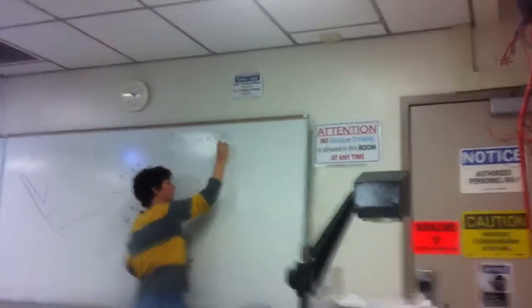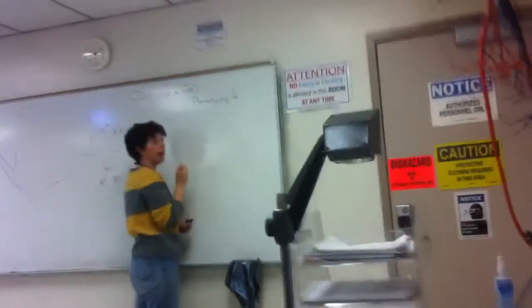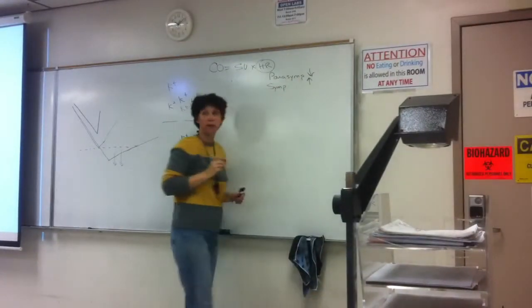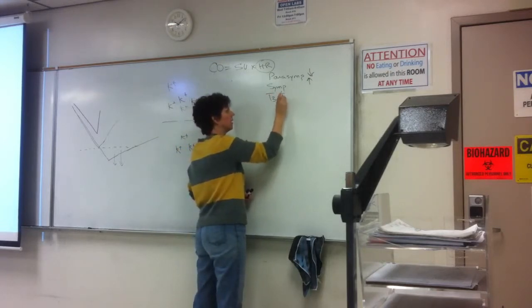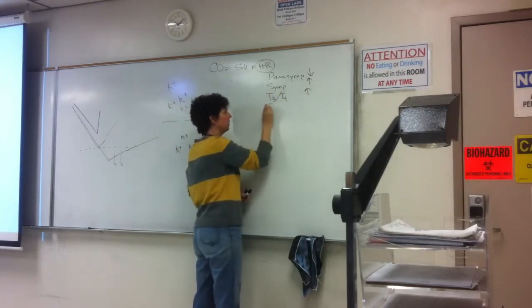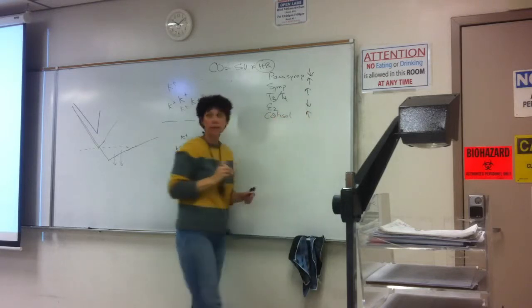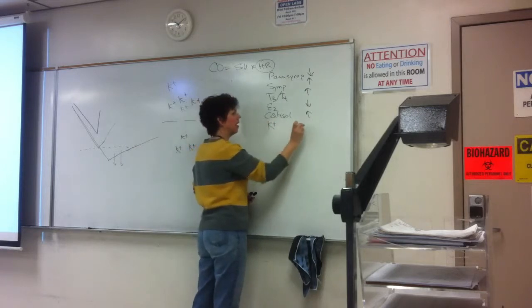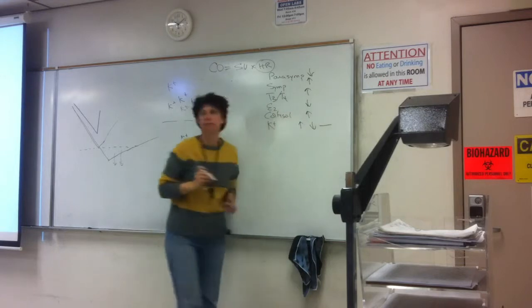Parasympathetic is going to decrease heart rate. Sympathetic is going to increase heart rate. Thyroid hormone is going to increase heart rate. Estrogen is going to decrease heart rate. Cortisol is going to increase heart rate. Potassium ions are going to first increase and then decrease and then die.